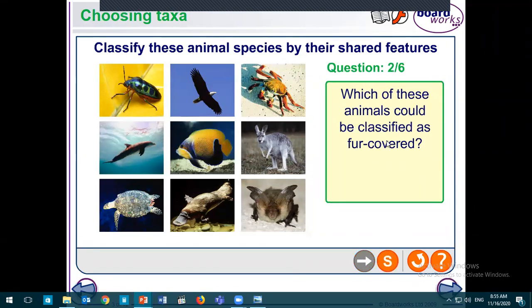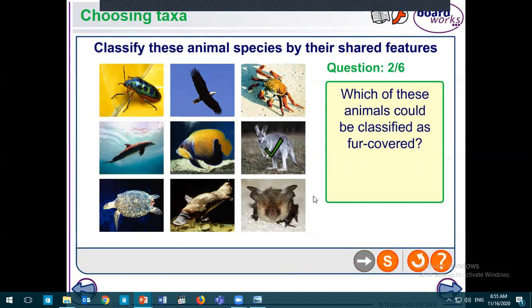Which of these animals could be classified as fur covered? They are covered with fur. Kangaroo. What else? The bat. It is one of them.